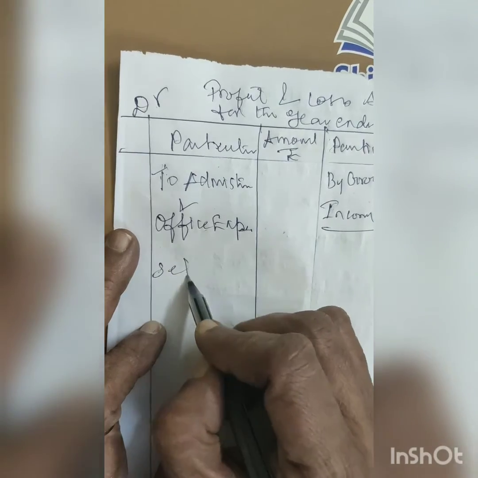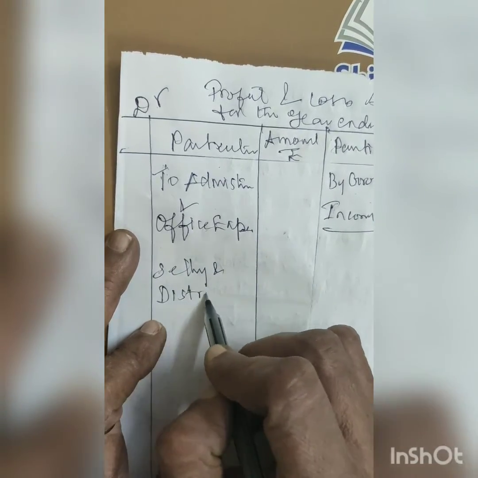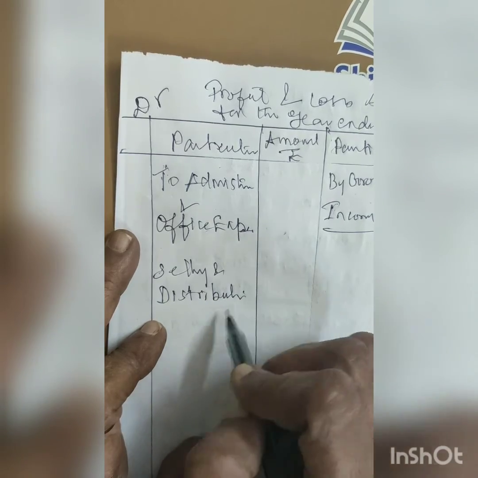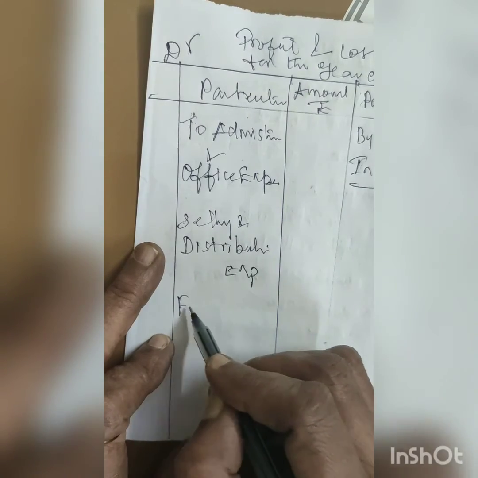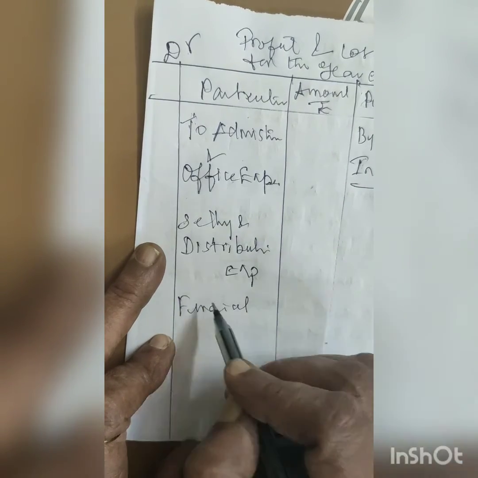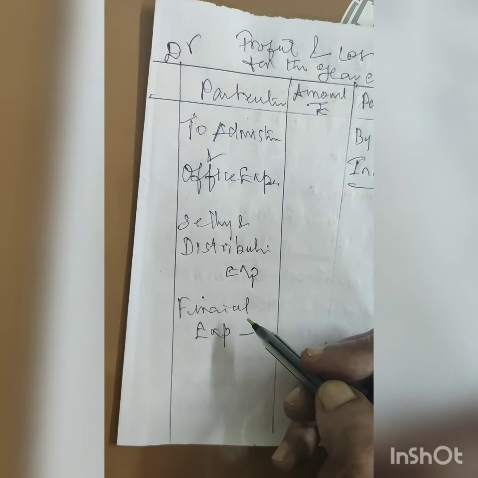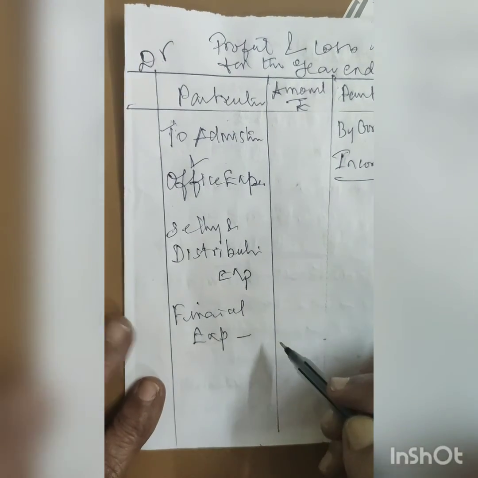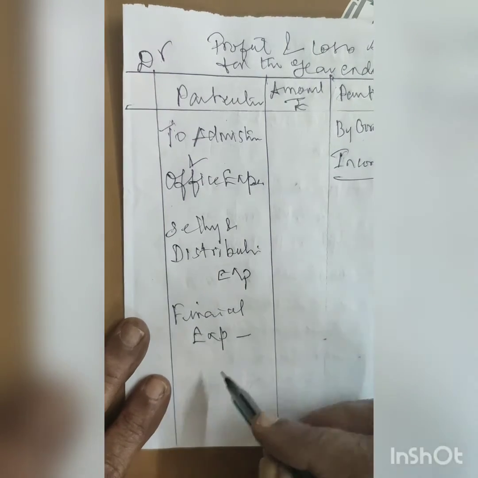Then second one, selling and distribution expenses. Third one, financial expenses such as paying interest on loan, paying interest on capital, and in addition to that we have to take the depreciation.